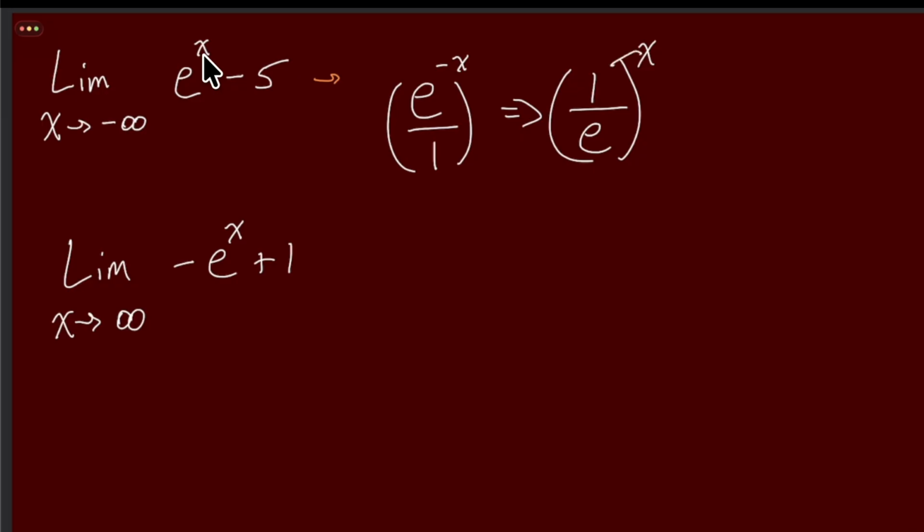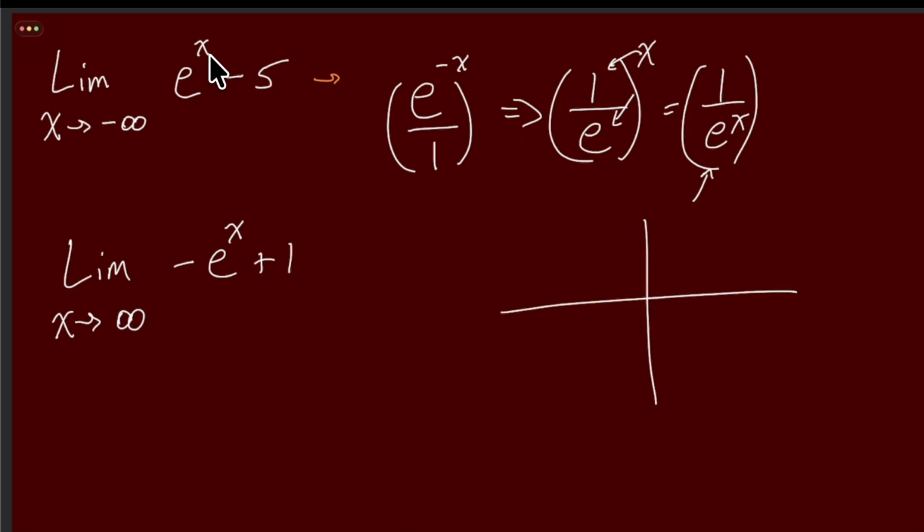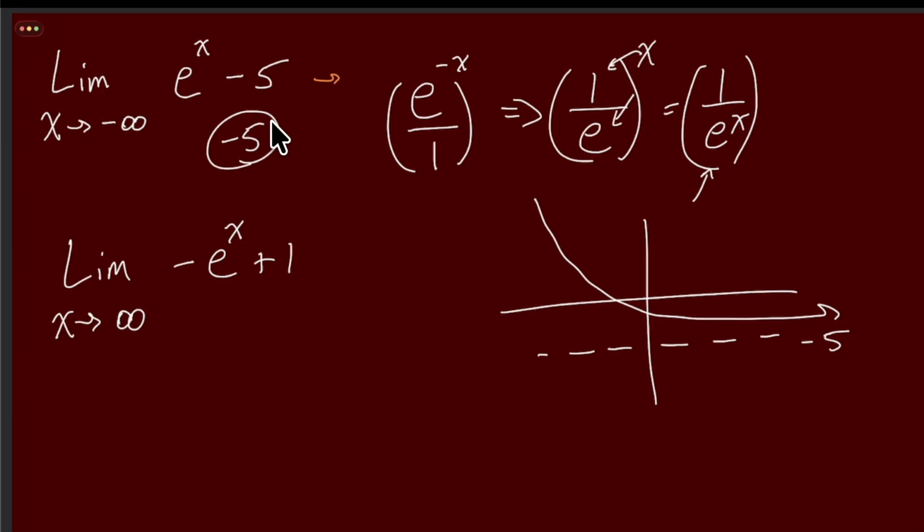Now when we do the power rule, we're going to have 1 over e to the x, and this is going to be a number that is less than 1. Therefore, this itself is a decay function. And decay functions are going to move towards the horizontal asymptote. And here, the horizontal asymptote is going to be negative 5. So this graph would do something like this. So this limit is going to be -5.